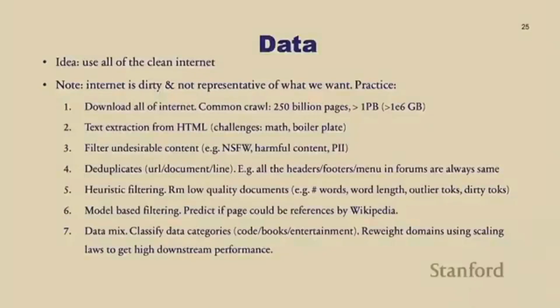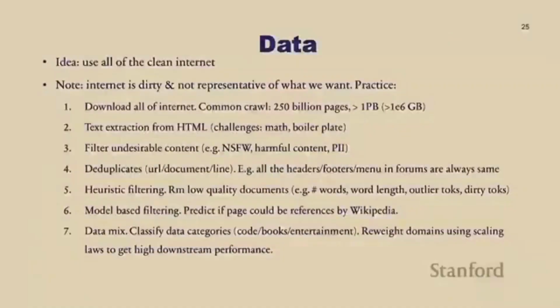Next one, you will try to classify your data into different domains. You will say, okay, this is entertainment, this is books, this is code, these types of domains. And then you will try to either up or down weight some of the domains. For example, you might see that if you train more on code, then your model becomes better on reasoning. So that's something that people usually say in a very hand-wavy way.